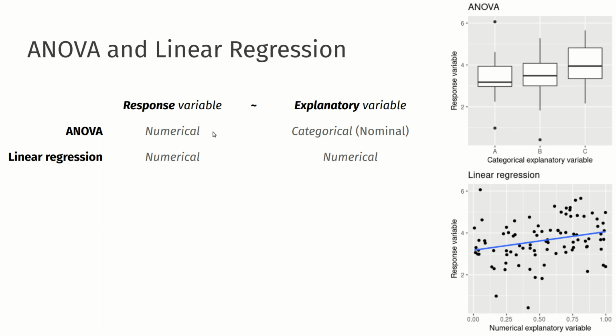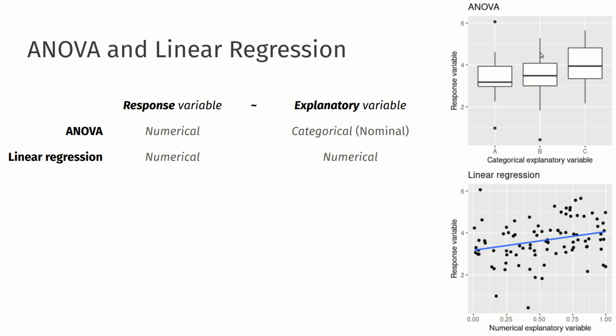So we're basically just making the switch from, in both cases, a numerical response variable, and a typically nominal categorical explanatory variable in analysis of variance, to now a numerical explanatory variable for linear regression.